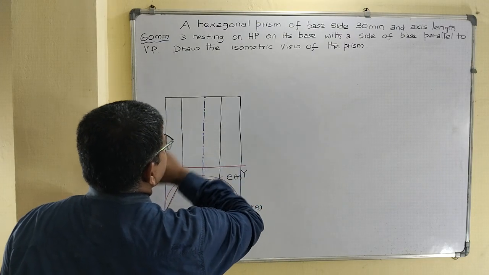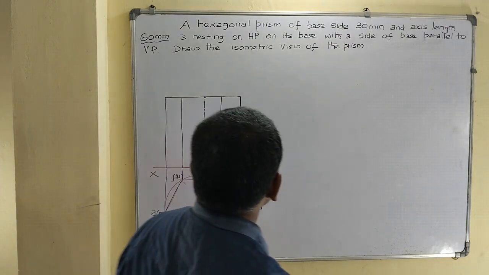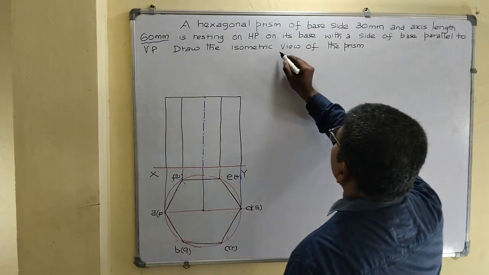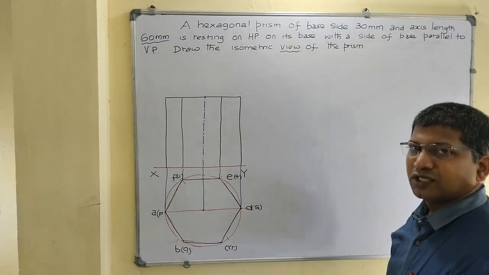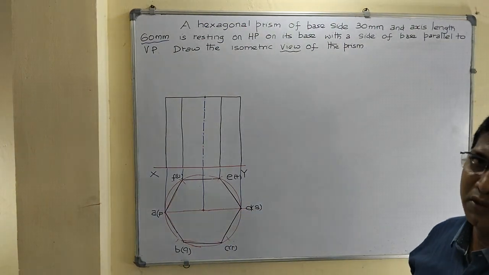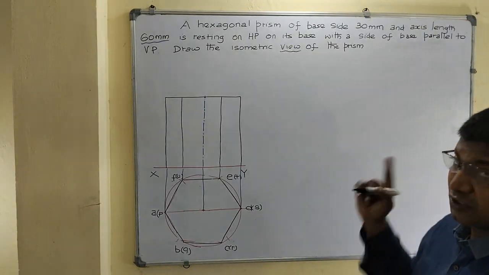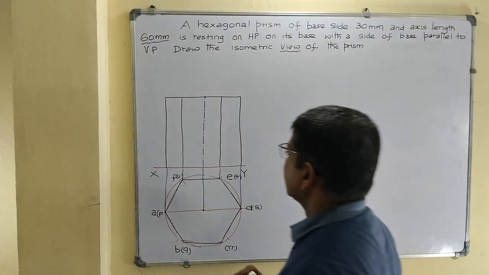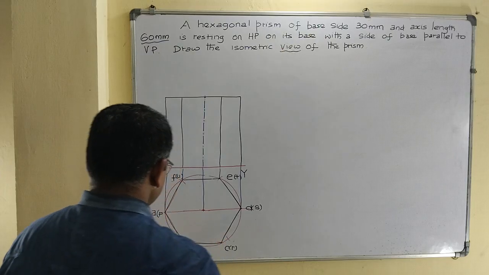The given question is an isometric view, so use the true scale only to draw the diagram. No need to convert into isometric scale. Only for isometric projection do you convert into isometric scale. Now the front and top views are completed.